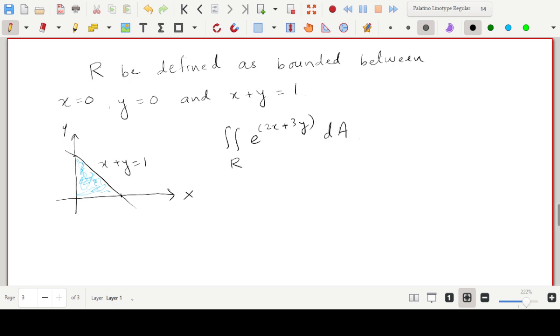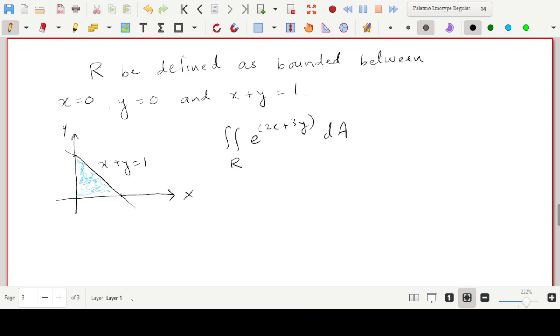In the previous lecture we saw how to integrate such functions over R when R was a rectangle, and we did it using Fubini's theorem, which tells us that over a rectangle R, such integrals can be computed using iterated integrals.